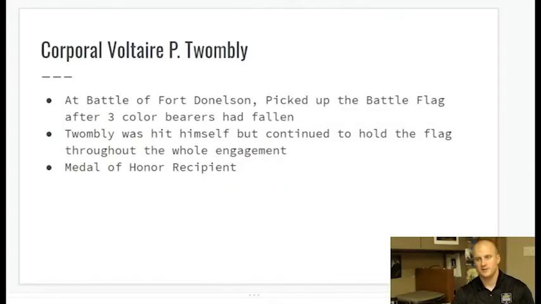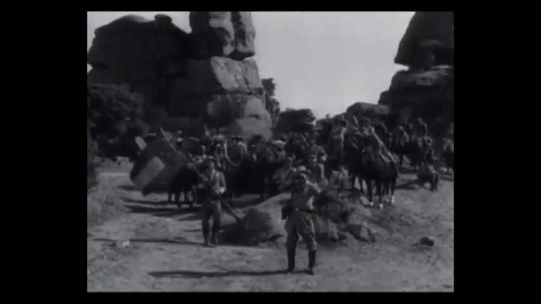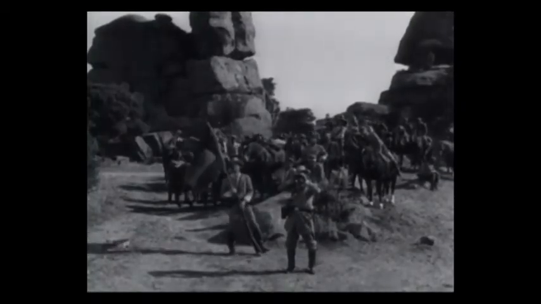Another important figure from the state of Iowa, one that is probably less well known, but still very important, is Corporal Voltaire P. Twombly. So Corporal Twombly was well known for his valiant effort at the Battle of Fort Donelson. At the Battle of Fort Donelson, there were 3 color bearers, and a color bearer is someone that would carry the battle flag so that the formation would know where to move.